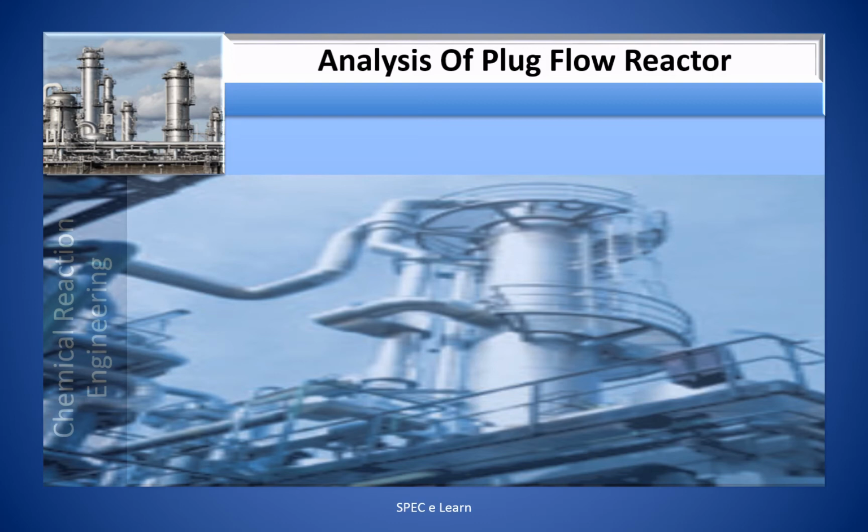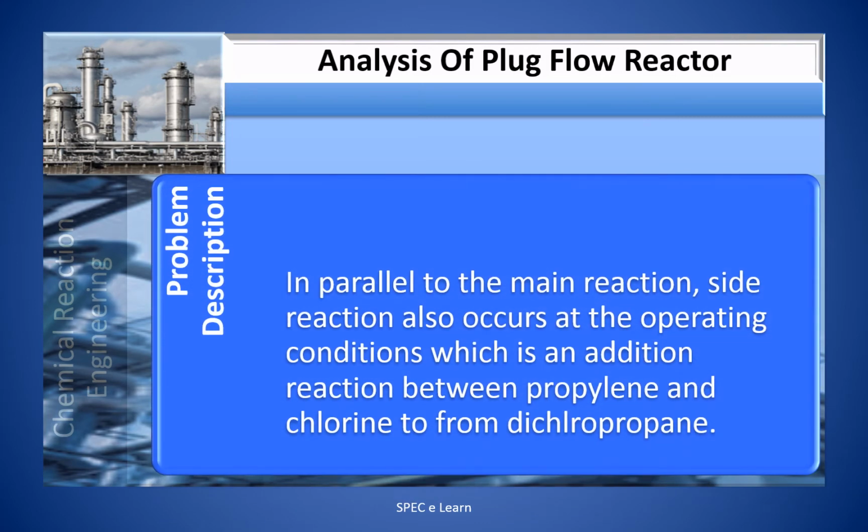In parallel to the main reaction, a side reaction also occurs at the operating conditions, which is an addition reaction between propylene and chlorine to form dichloropropane.